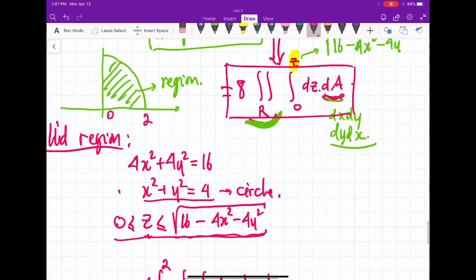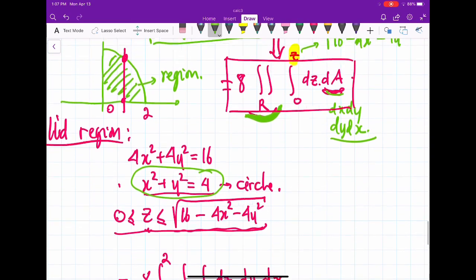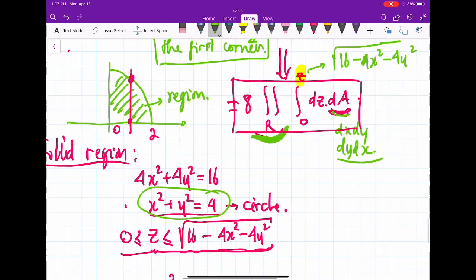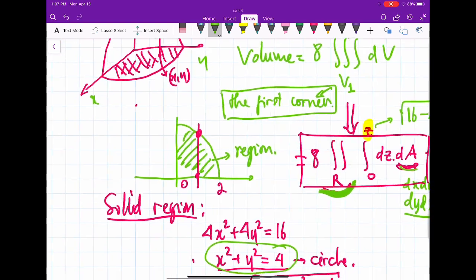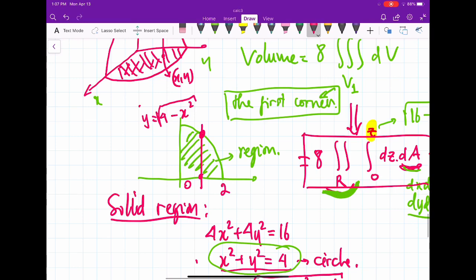And now for y, if I fix x right here, y will go from 0 to this point, right? So that means I have to solve the equation of the circle with respect to y. Makes sense? For this, I can see, yeah, actually y is equal to the square root of 4 minus x squared, because y is bigger than 0.